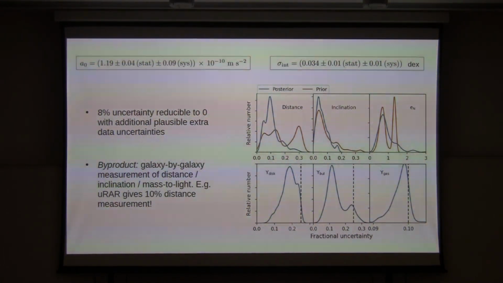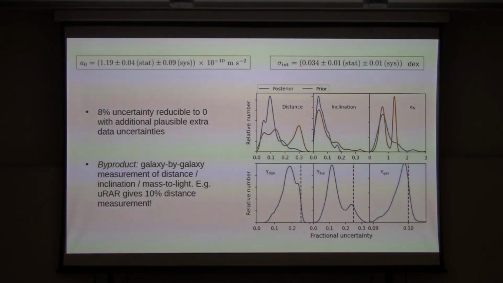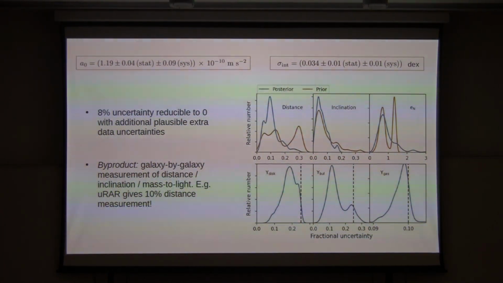If you require that these galaxies lie on the RAR, then you get a much more precise measurement of their distance and of their other parameters as well. So, for example, the underlying RAR gives you about a 10% redshift-independent measure of distance, which is roughly twice as good as the classic Tully-Fisher method.